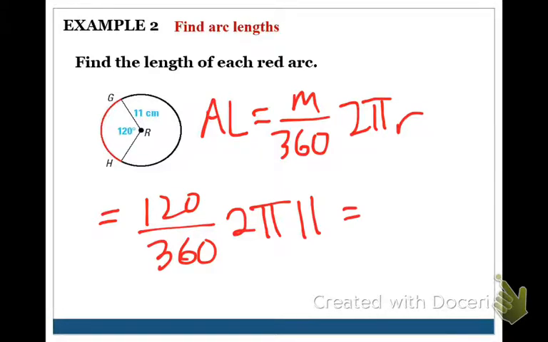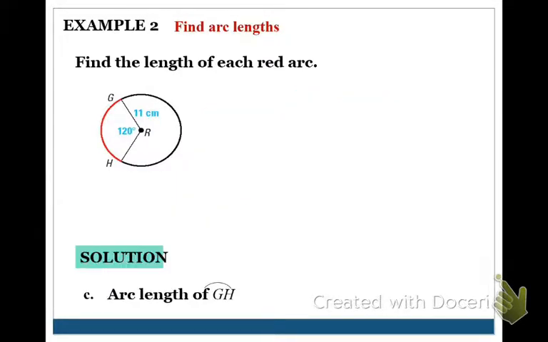What did you get, Jacob? 23.03. 23.03, and that would be centimeters. Let's see if that's correct. So we plug in, yep, 23.04, rounding, make sure you round correctly. You needed to round up instead of down there. 23.04 centimeters.